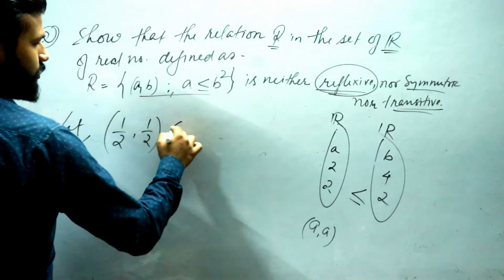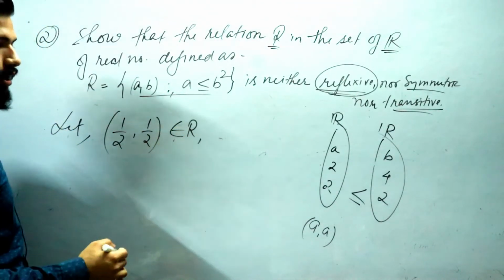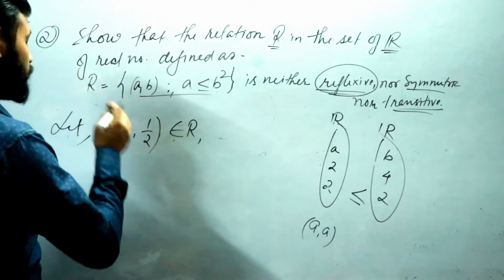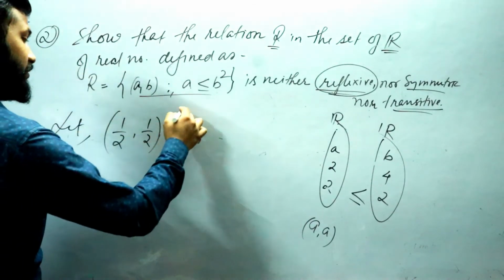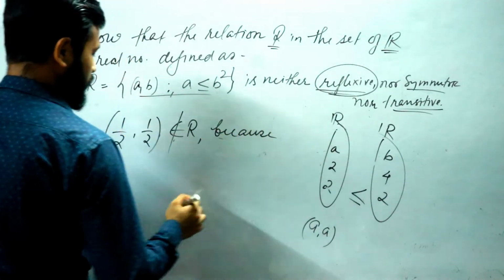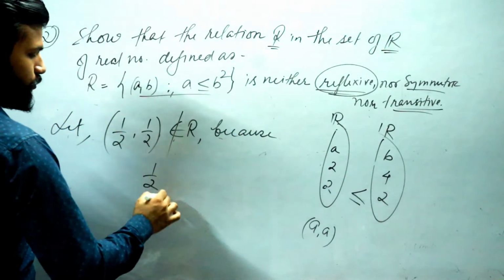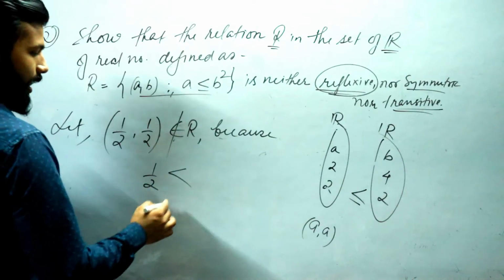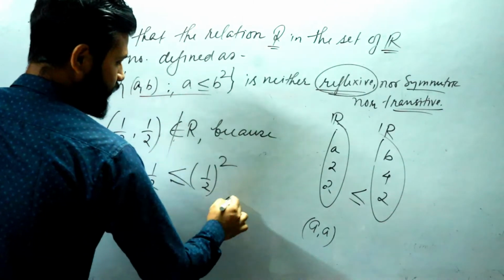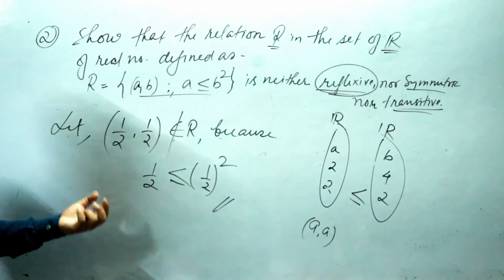It does not belong to the relation, because 1.2 is not less than or equal to 1.2 square. You can see the value. Easily we have proved it, right?